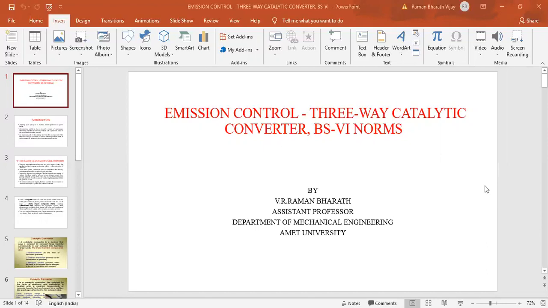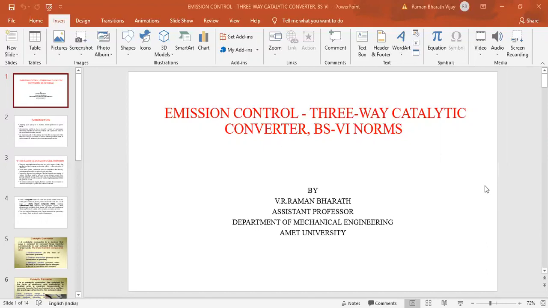So the government as well as the protection companies are keen on controlling these emissions. We have to control the exhaust gases exhibited from the two-wheeler or four-wheeler.